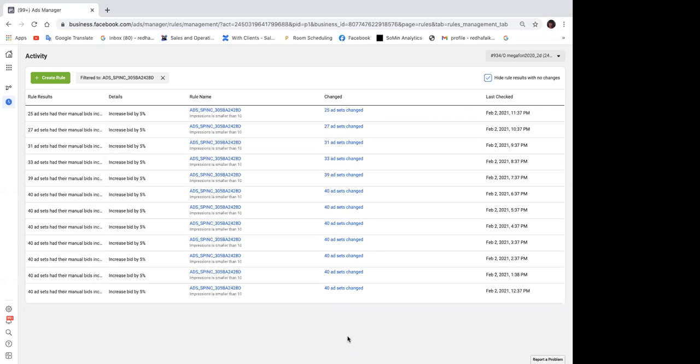Meaning the remaining ad sets... Okay, how do I explain this? More ad sets were performing at least 10 impressions. Can you reformulate? It's the right direction, but what you're saying sounds a bit weird to me.